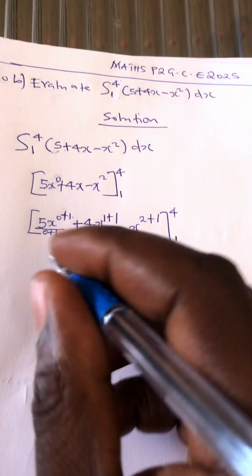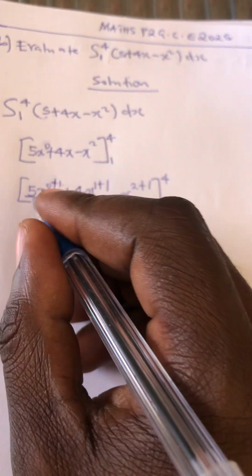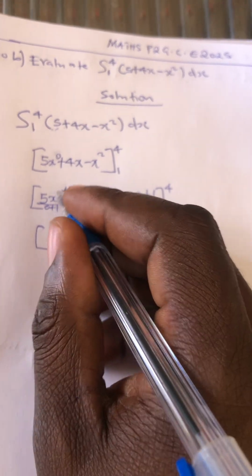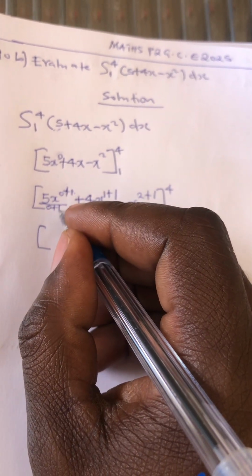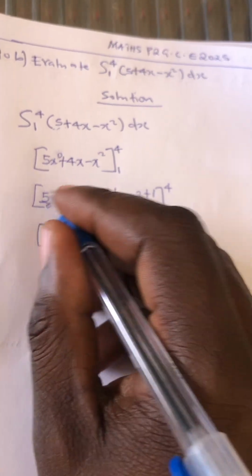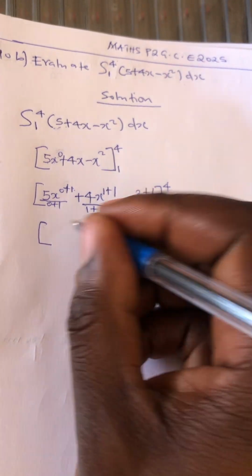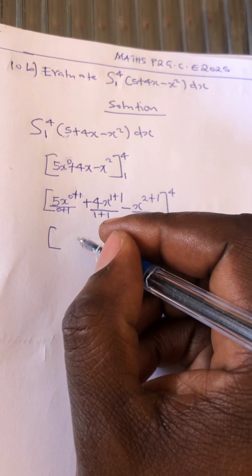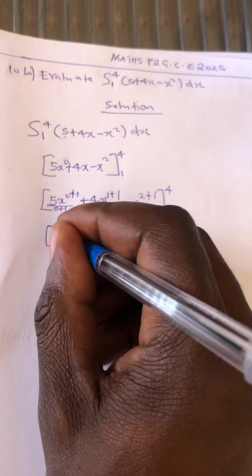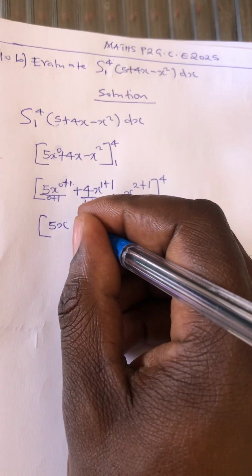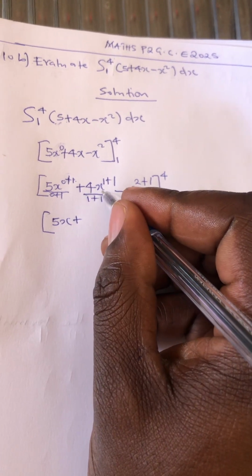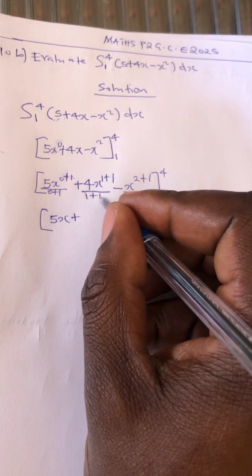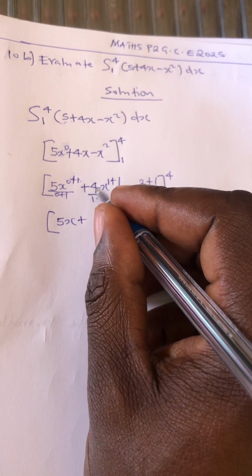So here, 5x, 0 plus 1, we're going to have 1, which is as good as x. Dividing by 1 will not change anything, so it's as good as not writing anything at the bottom on the denominator. So we have 5x plus 4x, 1 plus 1 gives 2, and at the bottom 2 into 4 gives 2.